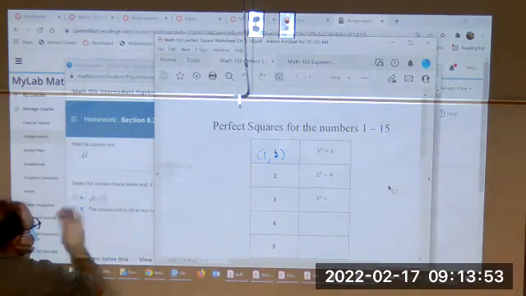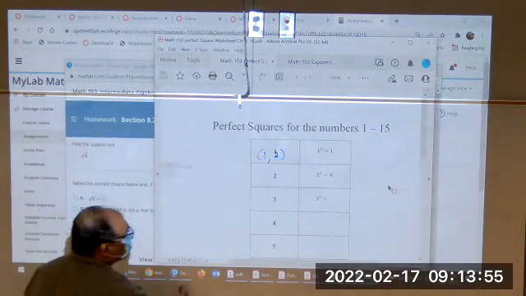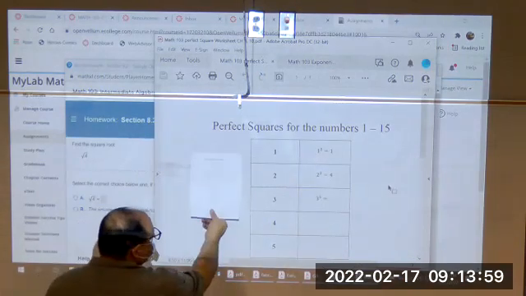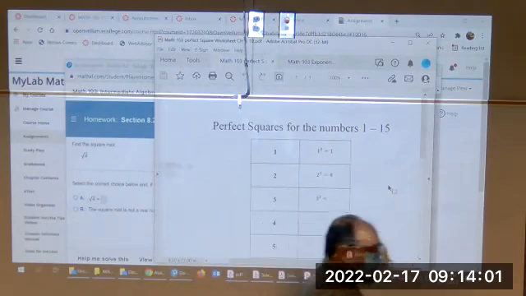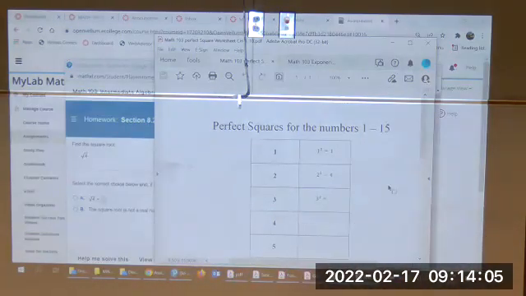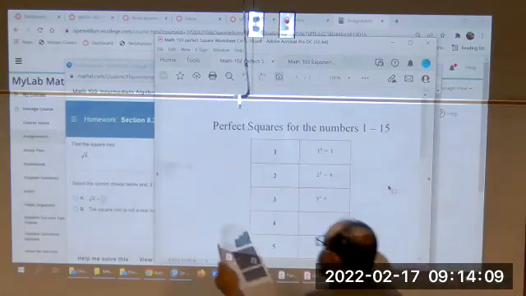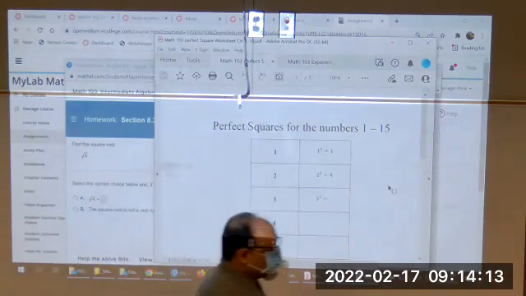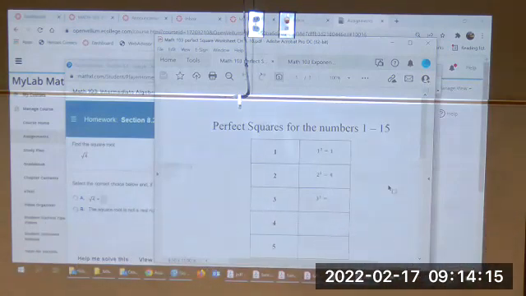Because for the next few questions, we're going to take square roots. So I have made this table that I was going to print on the back of this page. Okay, let me show you what I'm talking about.